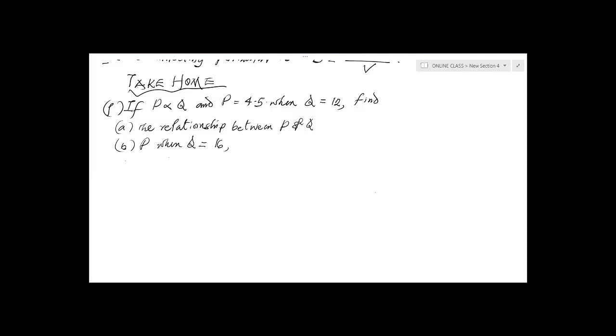C, find Q when P equals 2.4. That's number one.